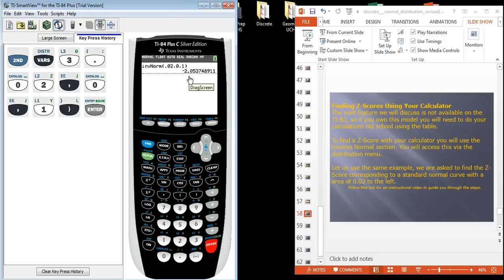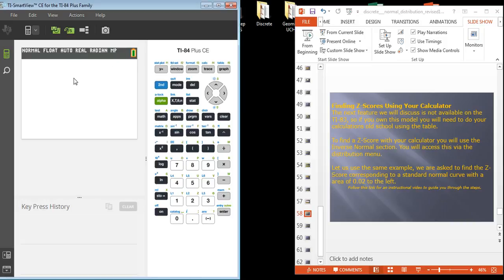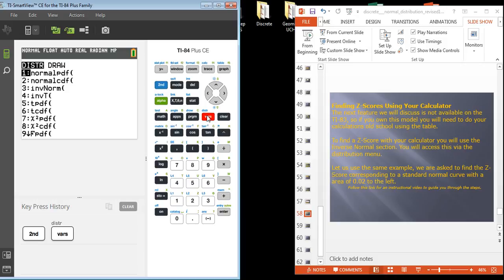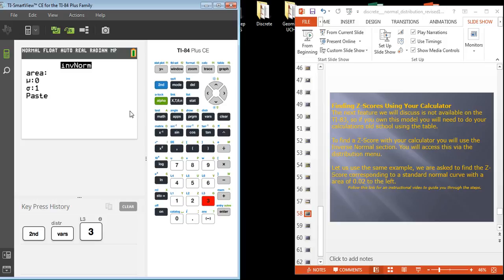Now, if you have a fancy calculator, it's going to look like this. When you go to this menu, second, and choose vars or distribution, choose number 3. Now it's already pre-programmed to have mu as 0 and sigma as 1. So you're simply going to enter the area under the curve here.